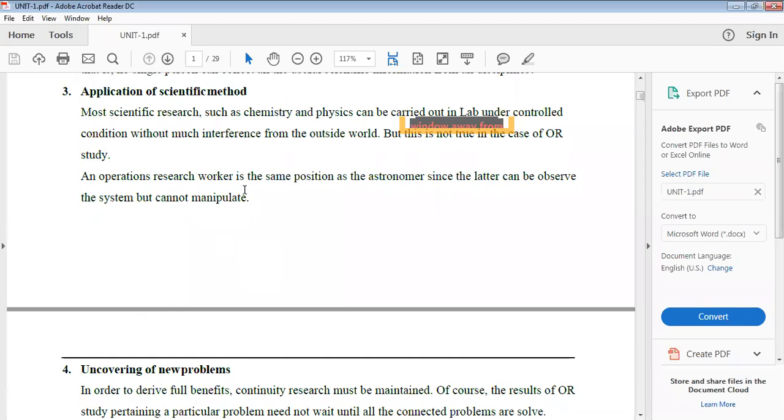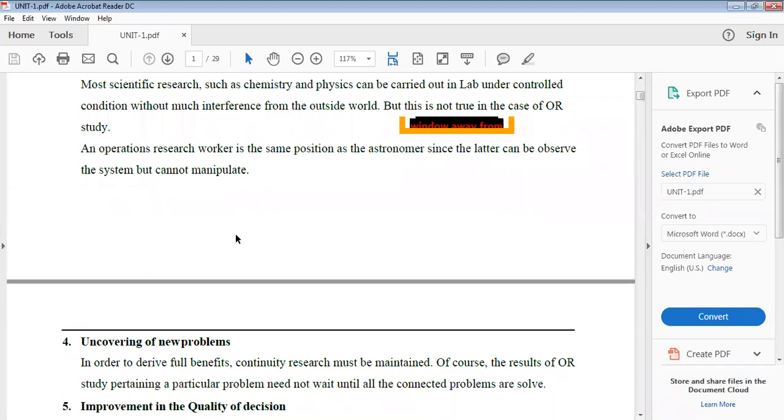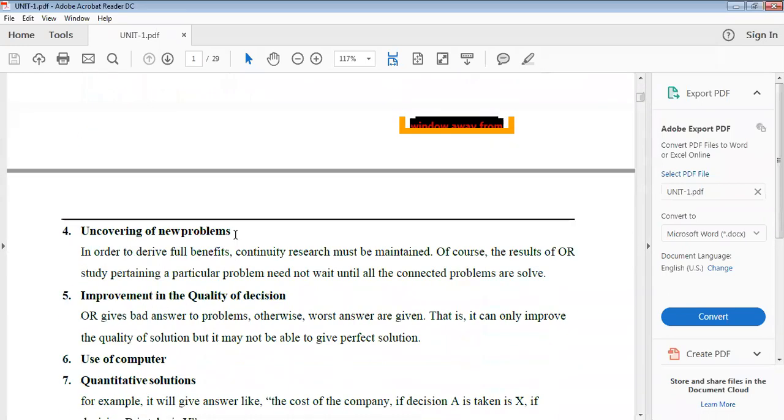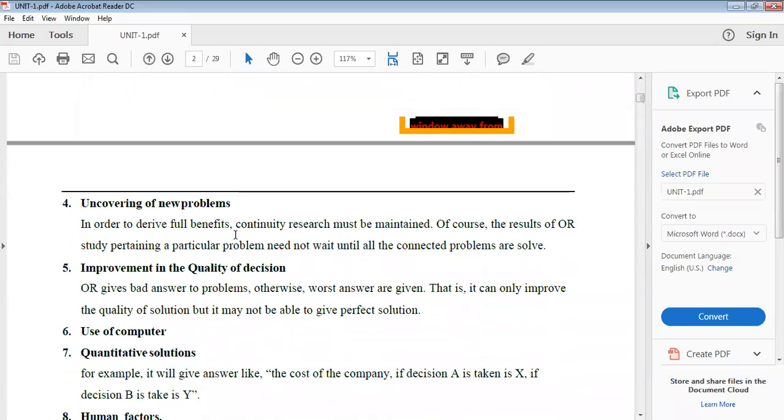So an operational research worker is in the same position as the astronomer, since the latter can observe the system but cannot manipulate it. With what is available, he has to find the optimal solution, depending on the conditions prevailing in the system. So we cannot manipulate. We have to find the solution that can optimize, that can give a better solution to the problems in the particular factory.